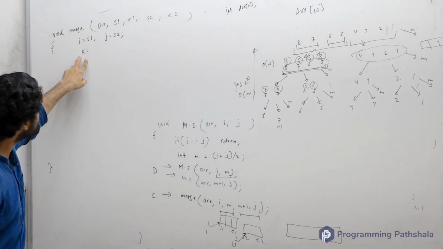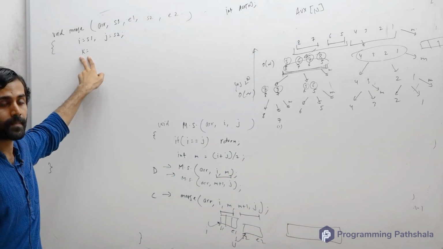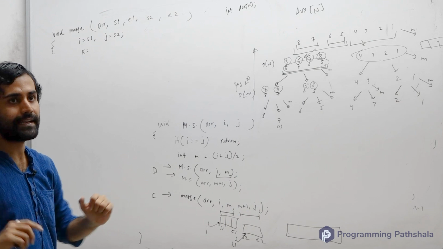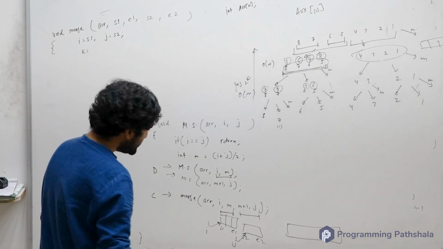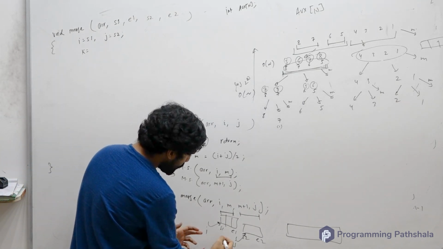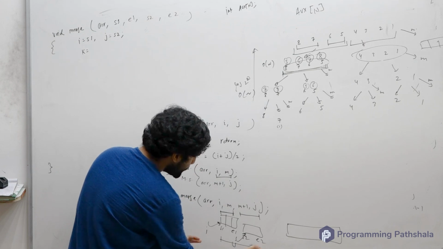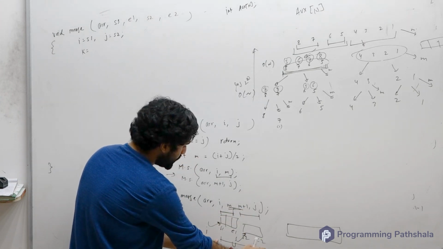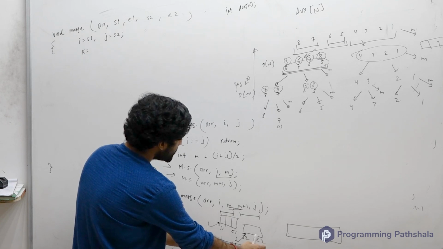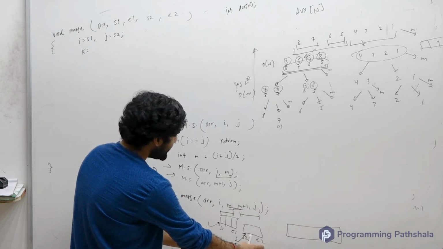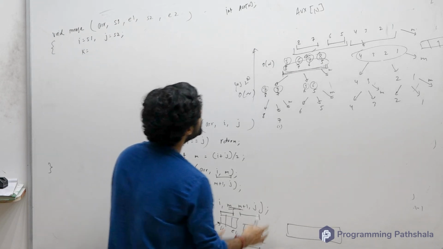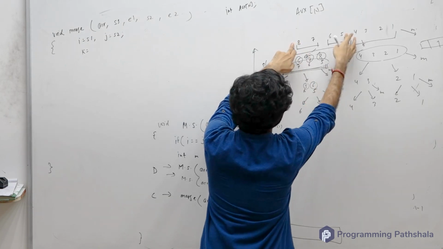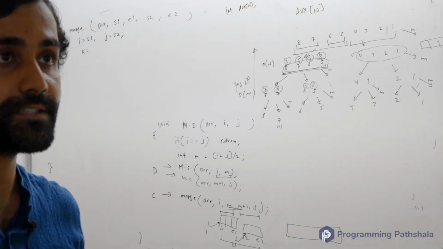So can you tell me how should I initialize my k? I'll suggest one way. Everything from S1 to E2, because they are a continuous segment because of this and this, should get sorted and copied into the original array from S1 to E2. This is what you would want.